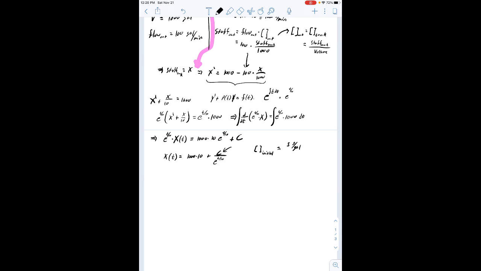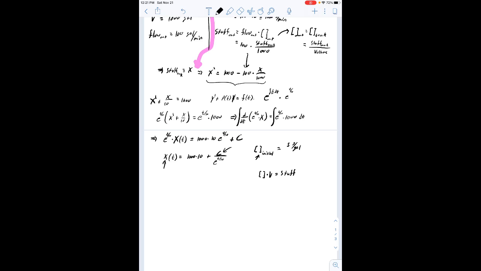Now, here's the thing. We do not want our initial concentration, no, because we're solving for our initial stuff, right? So we have to convert this into an initial amount of stuff. So we know that concentration times volume is equal to stuff, right?